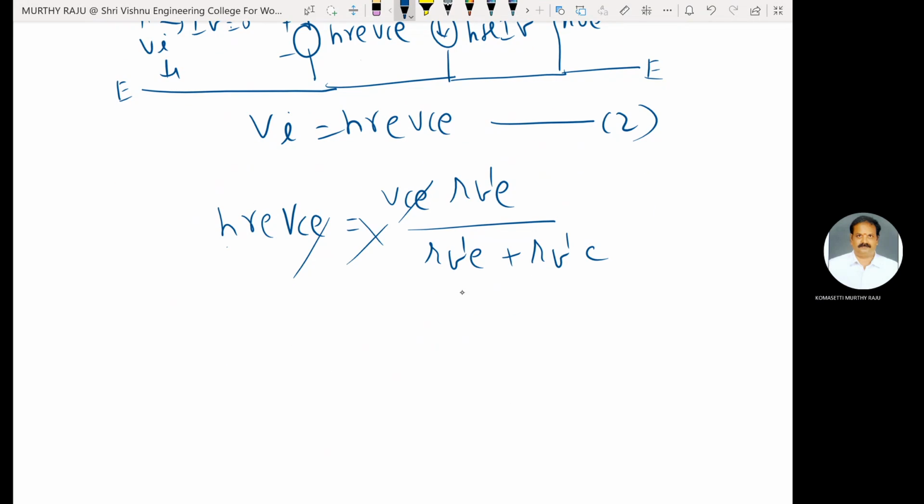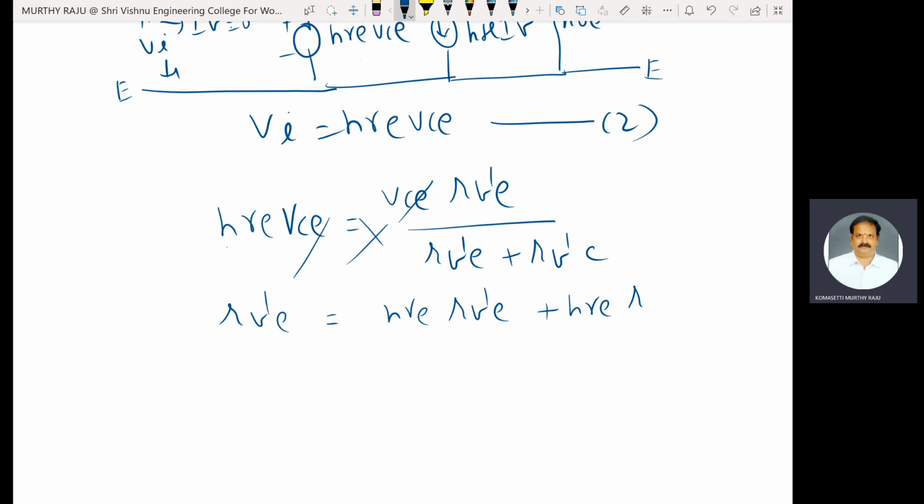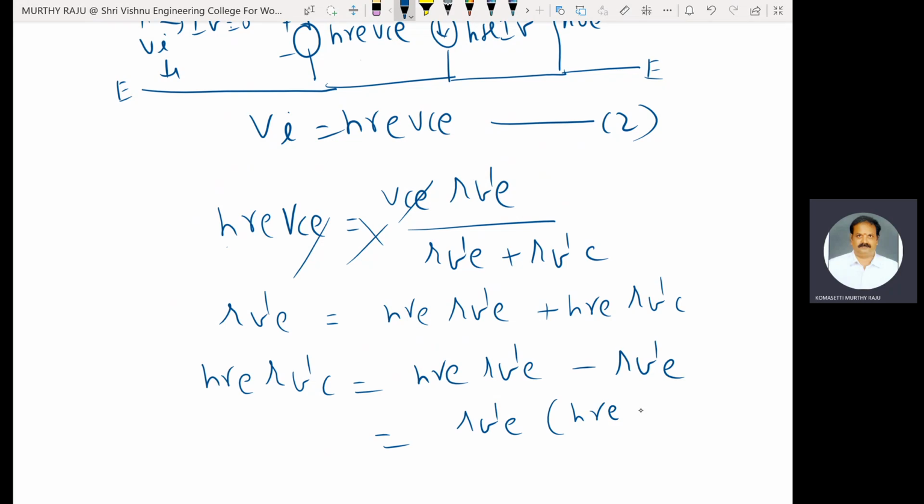Cross multiplication. RB dash E is equal to HRE RB dash E plus HRE RB dash C. HRE RB dash E is equal to HRE RB dash E minus RB dash E. Therefore, RB dash E is equal to HRE minus 1, or 1 minus HRE.